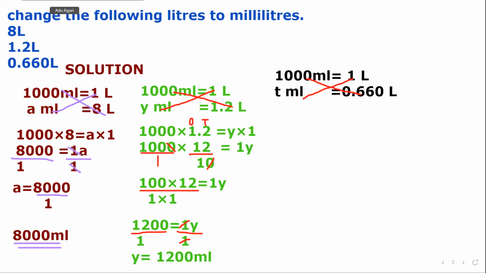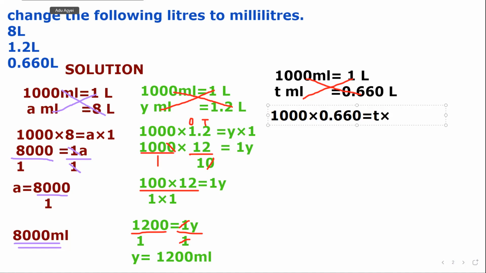Okay, then you get your linear equation on a line here. So we have the 1000 multiplying what? The 0.660. Okay, which is equal to the small t multiplying what?